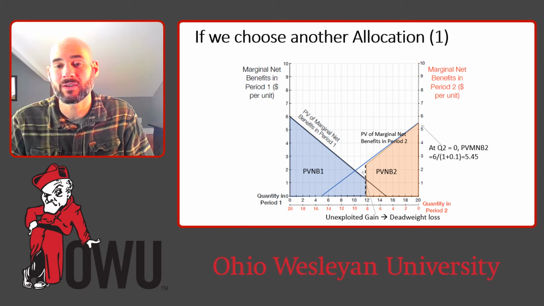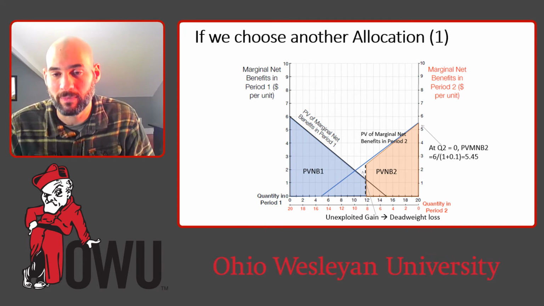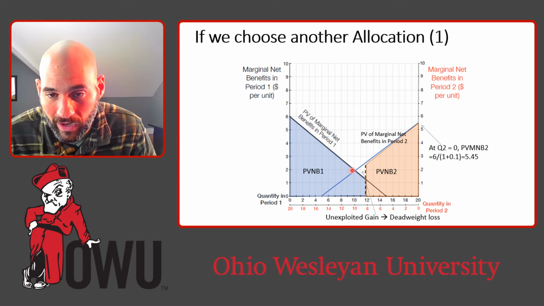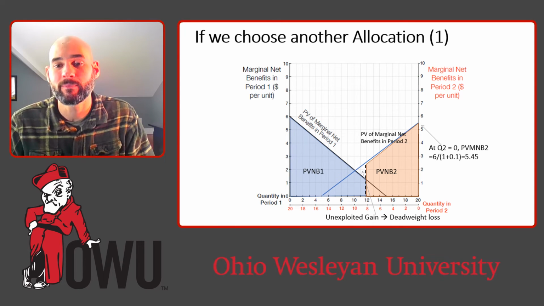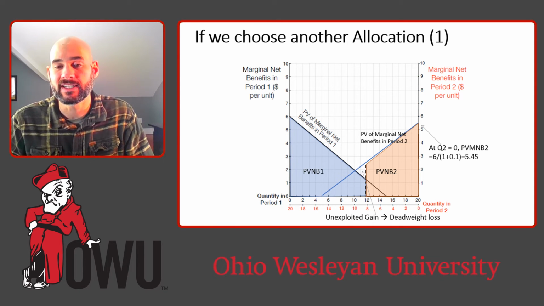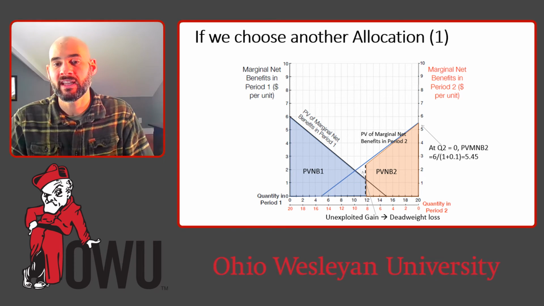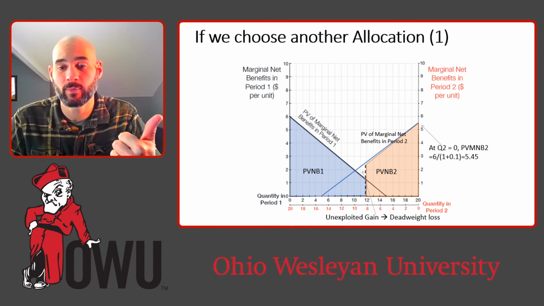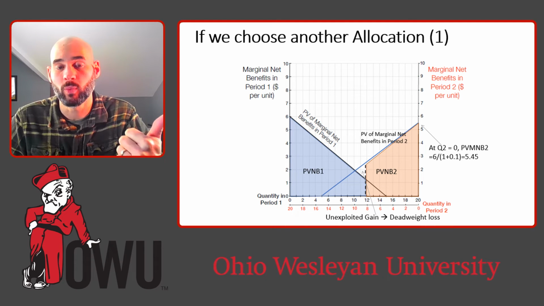And in fact, we have sufficiently less area, so pretty much everything from 10 over to 12, that loss in period 2 is greater than the gain in period 1 by the area of this deadweight loss, unexploited gains from trade triangle. And so we have deadweight loss from overconsuming in period 1.